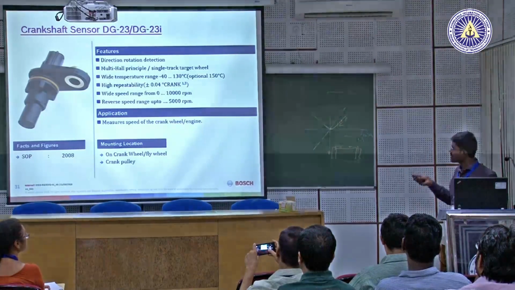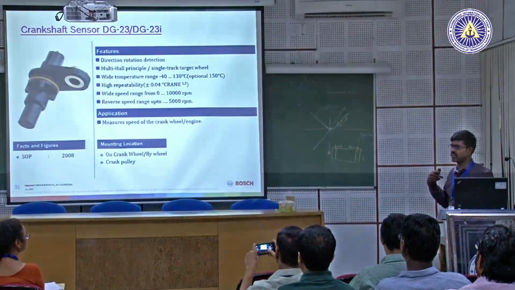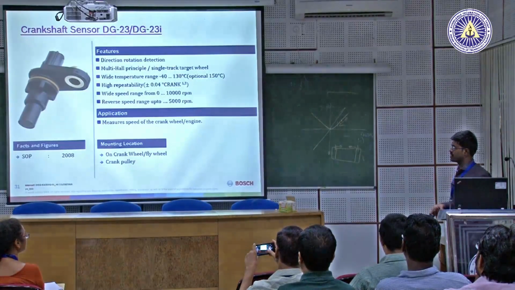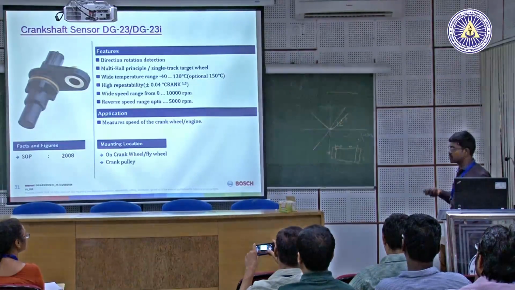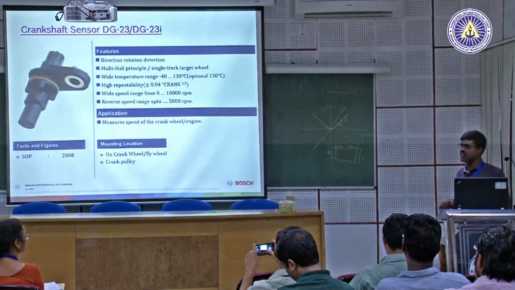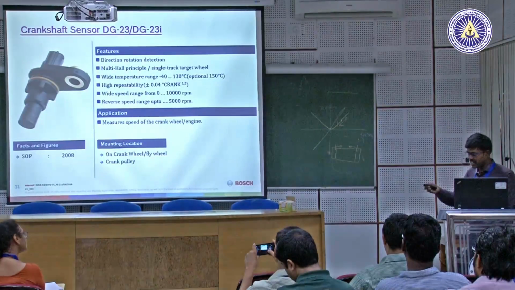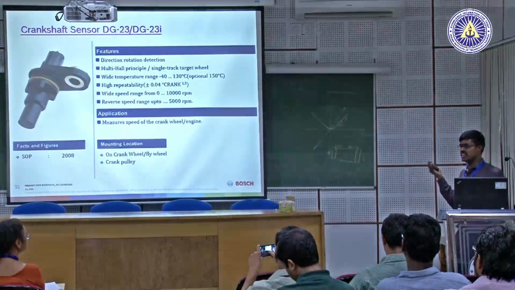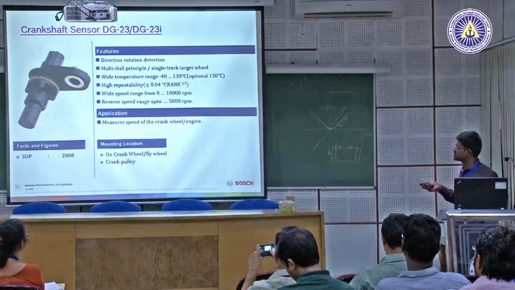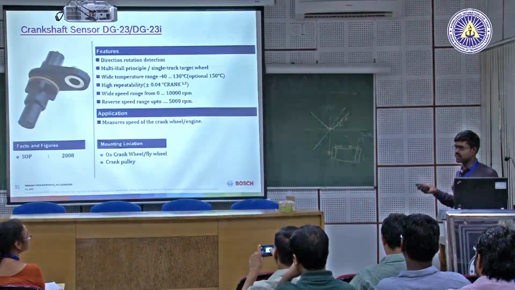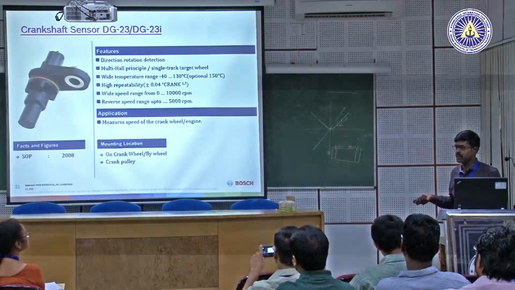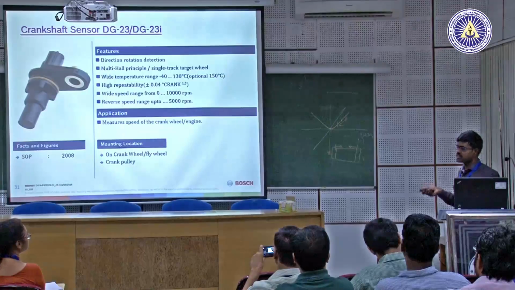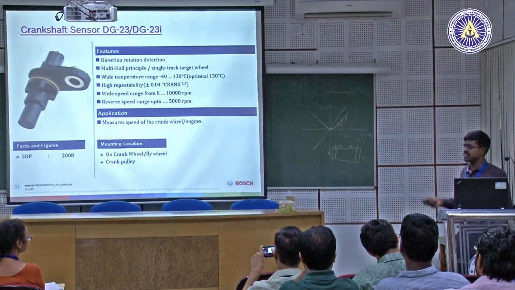At that point of time you have to use these digital sensors. Analog sensors we have been using for the past 30-40 years, but digital sensors are used in the European market right now. Indian applications are very minimal, but for BS6 and above they have to use the digital sensors.